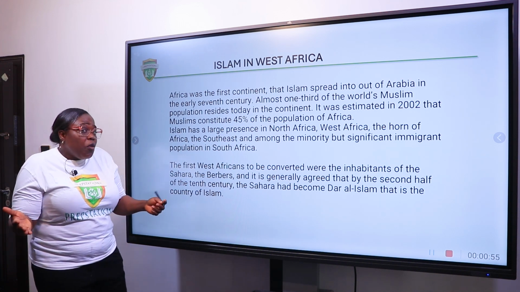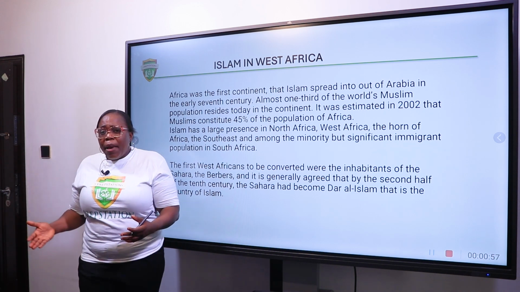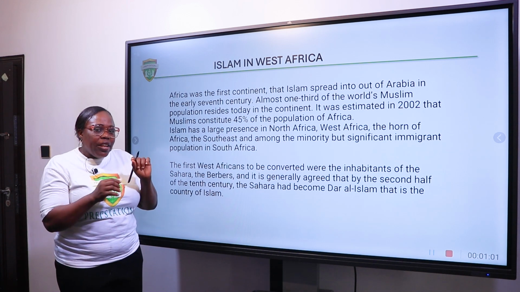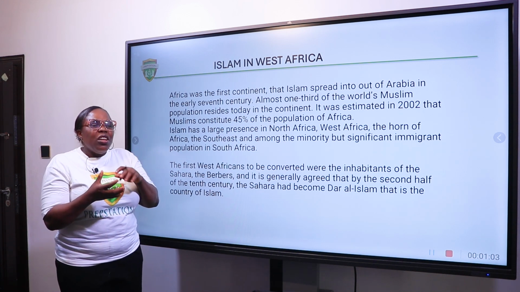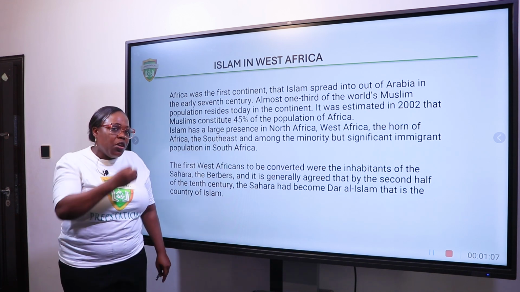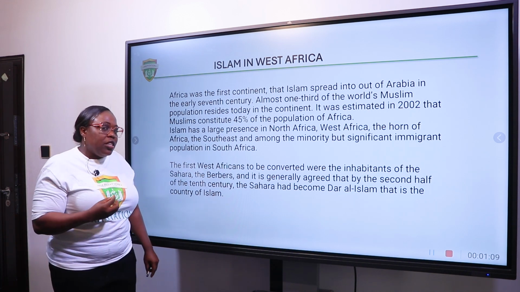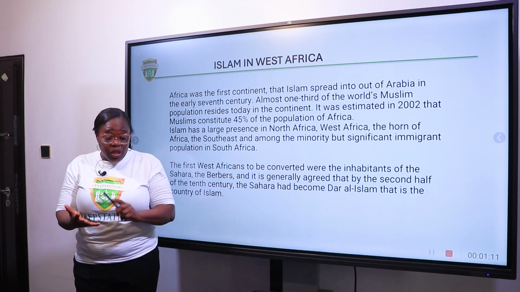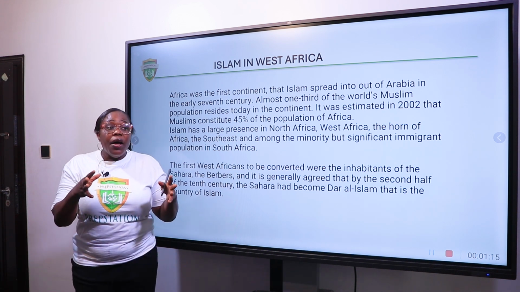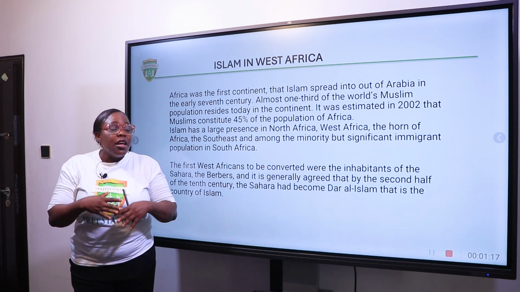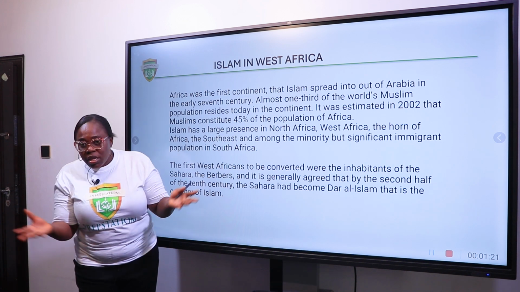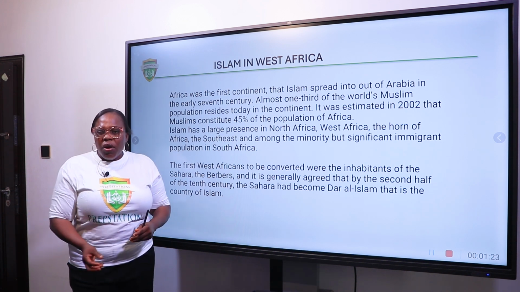Some of my students asked me, ma'am, did they trade slaves? Yes, slaves were traded, but it wasn't the main commodity of trade. The main commodities of trade are the things I listed: salt, gold, spices, ostrich feathers, birds, horses, camels.